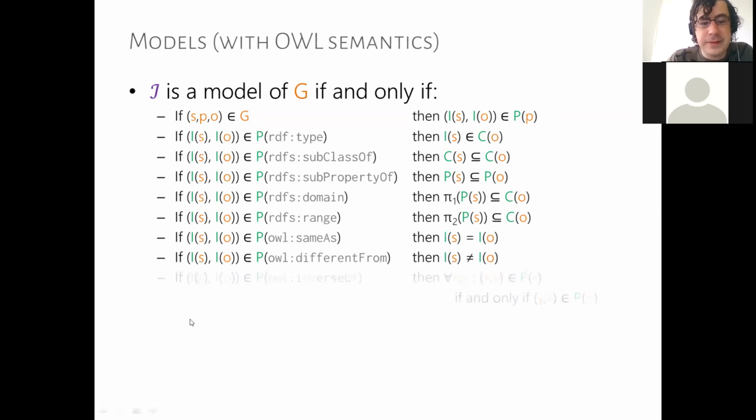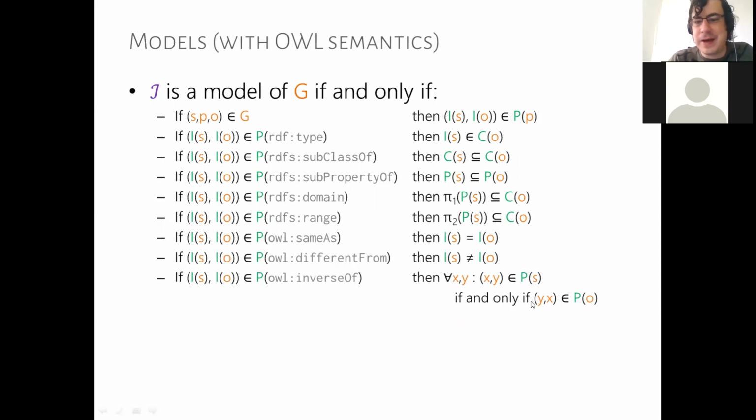Inverse properties. We say that if S and O are inverse properties, then for all X, Y that are related by the property S, the pair Y, X must be in the extension of the inverse relation.